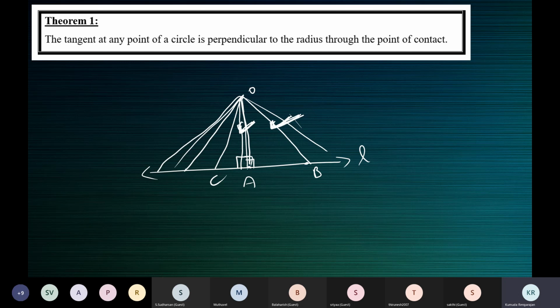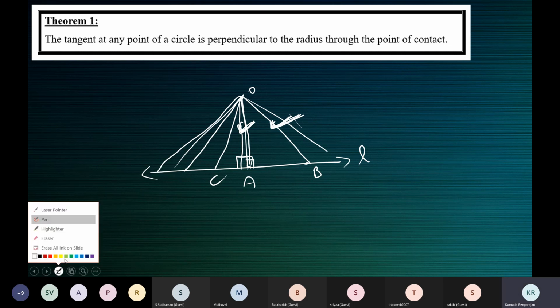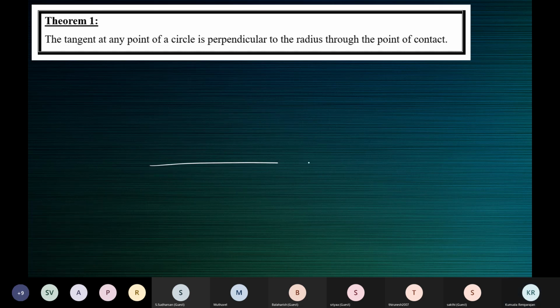And the converse is also true. Let's see both now.